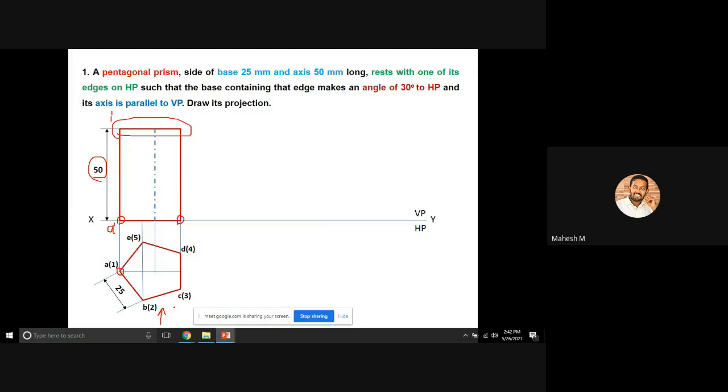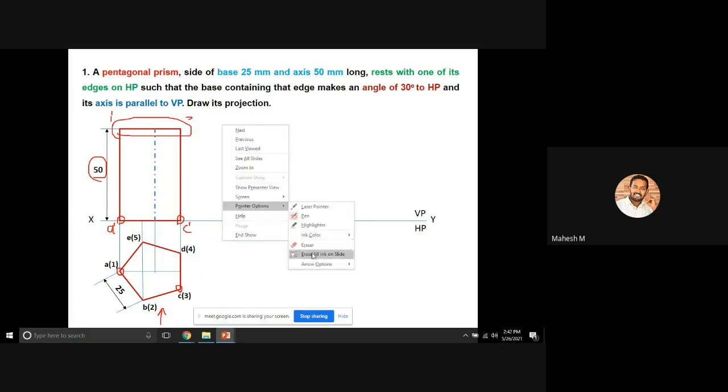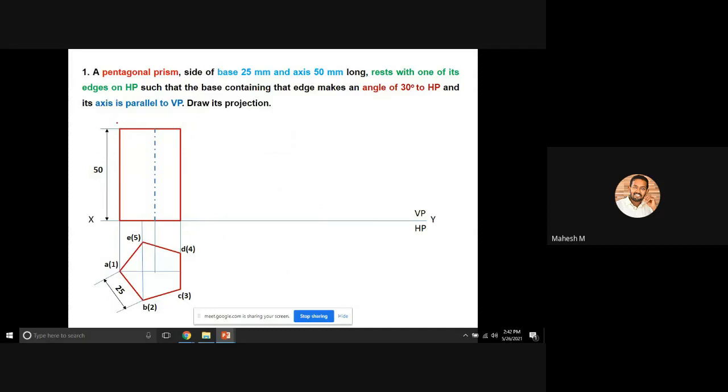Sorry, I made a mistake: the top surface will be marked as A, B, C, D, E, and the bottom surface should be marked as 1, 2, 3, 4, 5. So this one is A dash and this one is 1 dash.